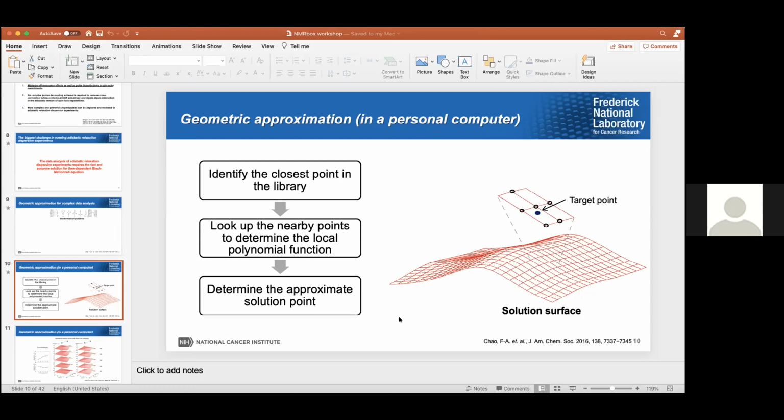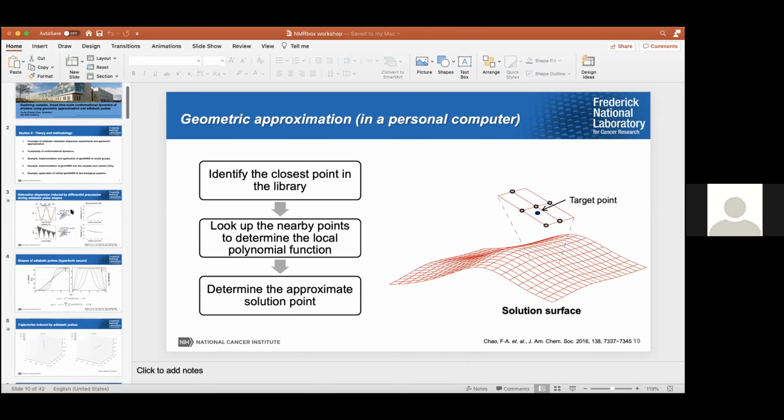We computed these, and that's why I call them lookup surfaces. The surfaces are at NMRbox, and the analysis software, which Ian will show you in the next part, uses the same surfaces once they are computed.